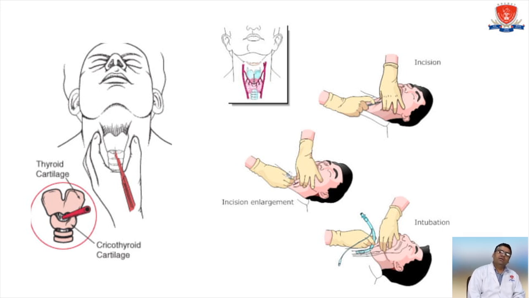Then we put a syringe with saline or local anesthetic, and we see if air bubble entry is present. Then it is confirmed that we are in the trachea. Then we put a tracheal dilator, and then intubation has to be done.